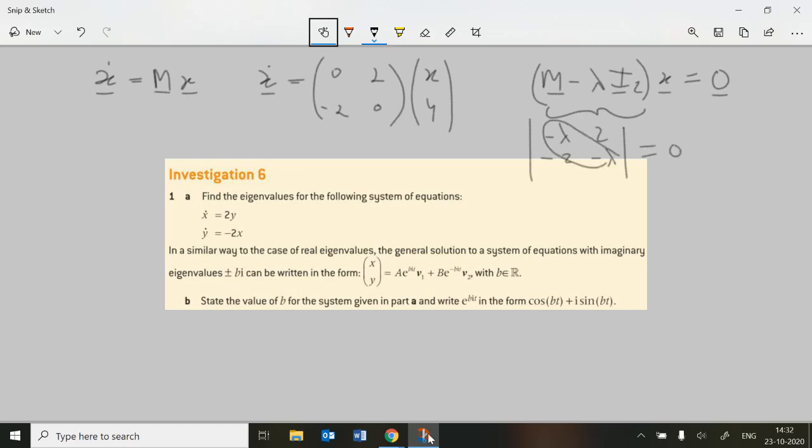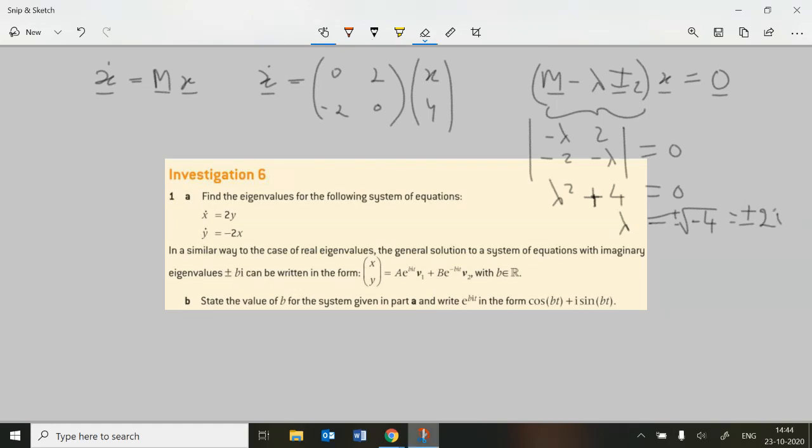That's these two things multiplied together, take away these two things, so we're getting lambda squared plus 4. So you can see we're going to get complex solutions. Lambda is equal to the square root of -4, which is plus or minus, the square root of 4 is 2, and the square root of -1 is i.